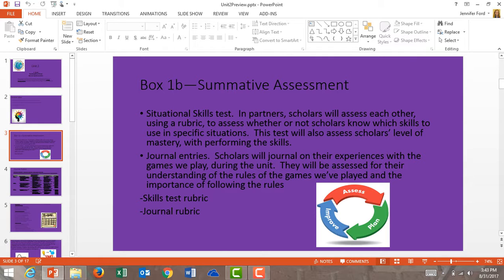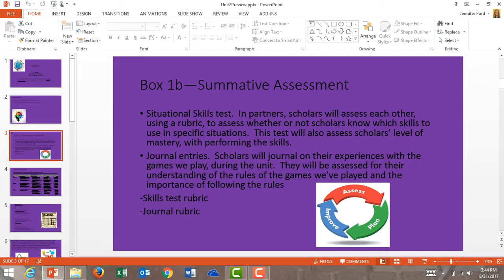They're going to assess whether or not scholars know which skills to use in specific situations. This could be locomotor skills, or chasing, fleeing, dodging, however it works out best. I'm following the scope and sequence, but I understand that you may not be able to, depending on your space and equipment needs or constraints, if you will.